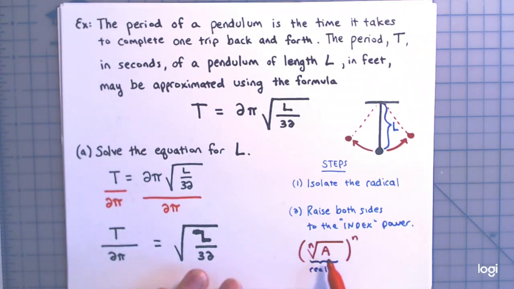As long as this is a real number, the nth root and nth power undo one another, and I'm left with just a itself, just the radicand.